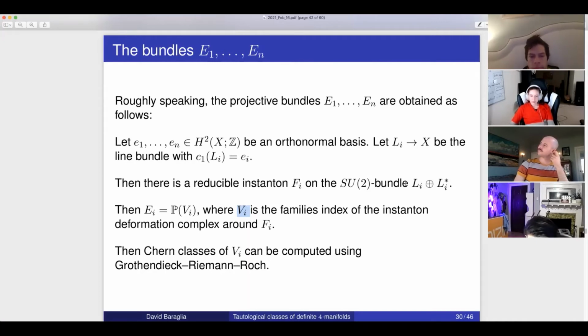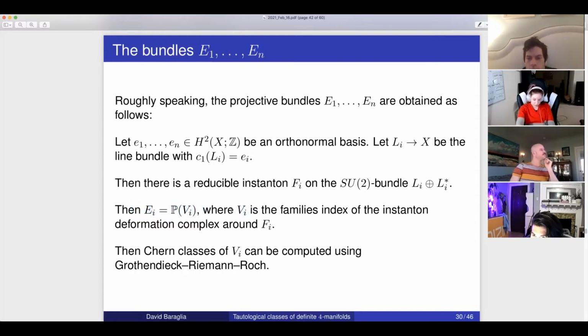Okay, but if you do this for a family, then you're taking the family's index of this deformation complex. Assuming unobstructedness, so assuming H0 and H2 are 0, then H1 would form a complex rank 3 vector bundle, V_I, and then E_I is just the projective bundle of that vector bundle.